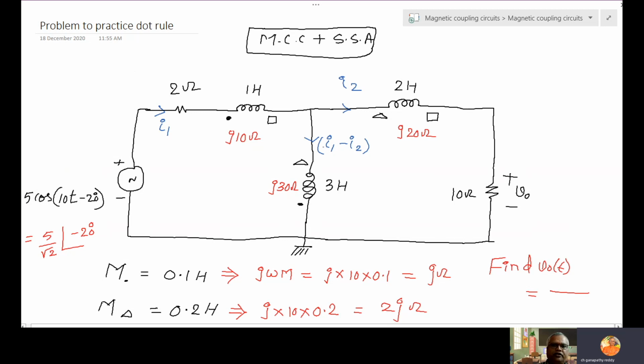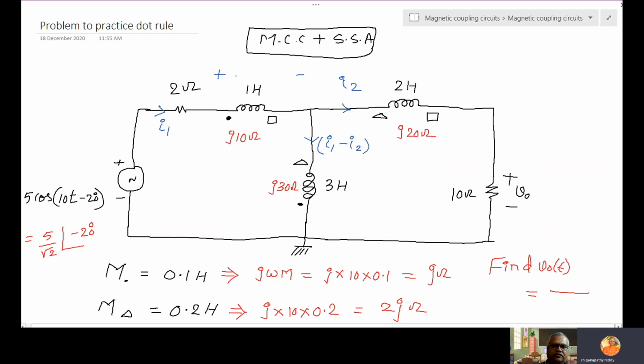So the current is known everywhere, and these two are coupled, these two also coupled, these two also coupled. Now I1 minus I2 is entering at the undotted terminal, assuming sensing at the dotted. Here I1 minus I2 is entering at undotted, but here sensing at dotted.